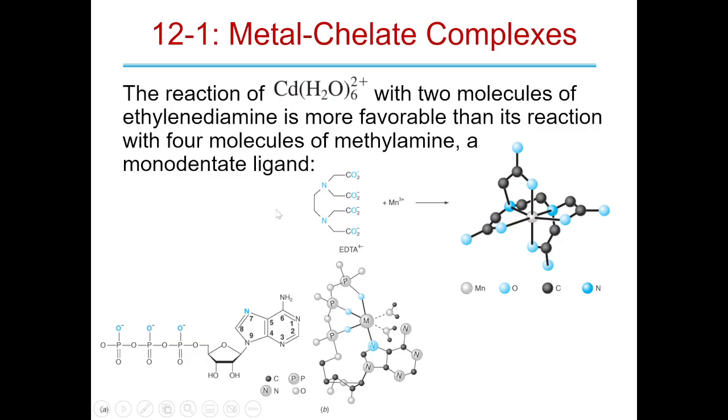Okay? All right, so you can actually bind that with 2 ethylene diamine. This is going to be more favorable than having all monodentates, because you can release those monodentates, there'll be more of them, and that will give you greater entropy for the universe, right?